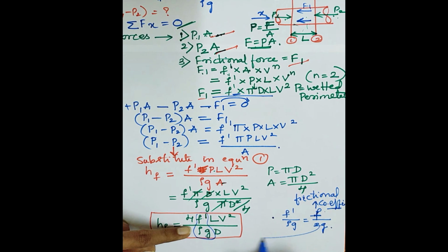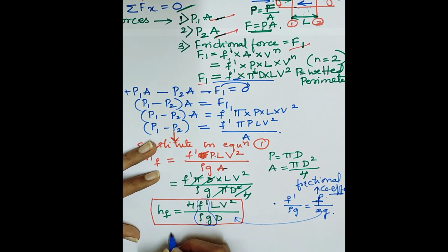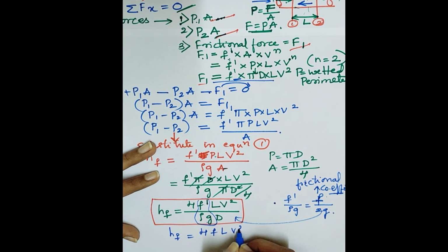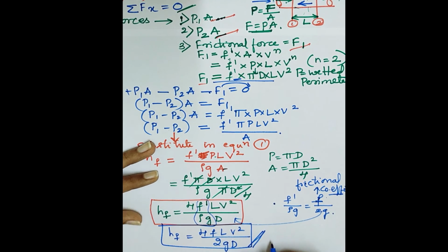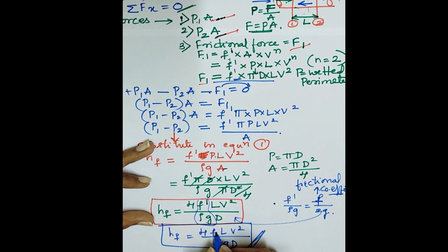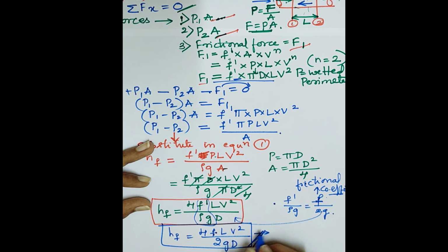If we substitute this in the equation, we will get HF is equal to 4FL V square divided by 2GD. So this is the equation for head loss due to friction in terms of the frictional coefficient, where F is the frictional coefficient and F dash is the frictional resistance.